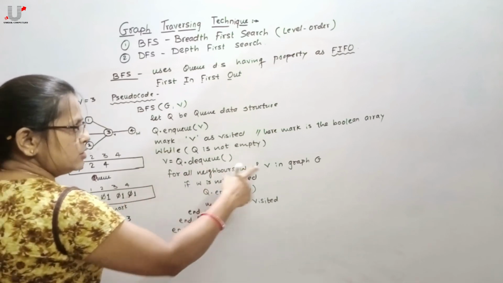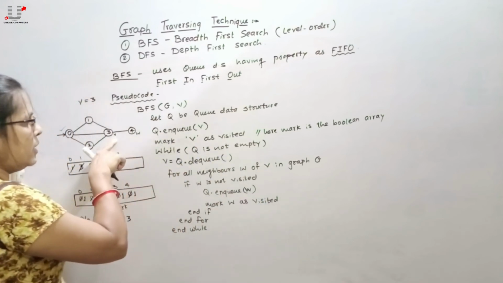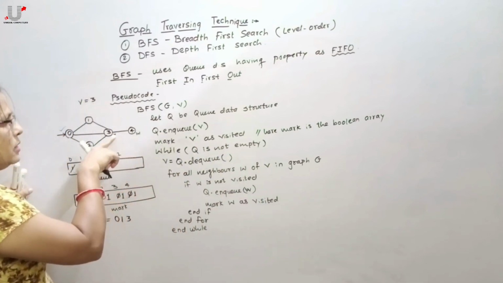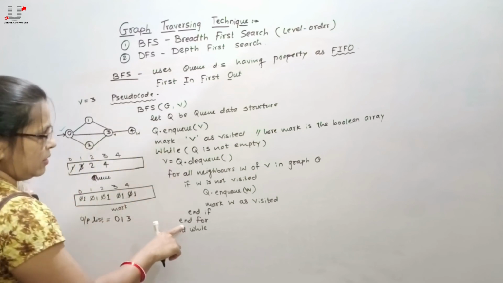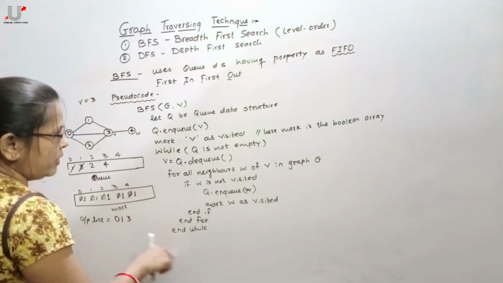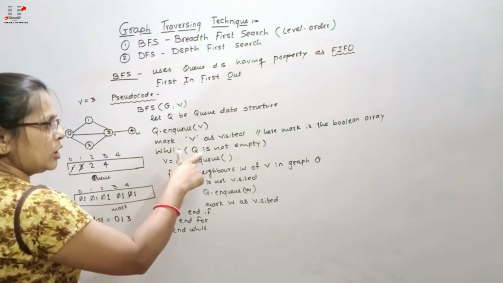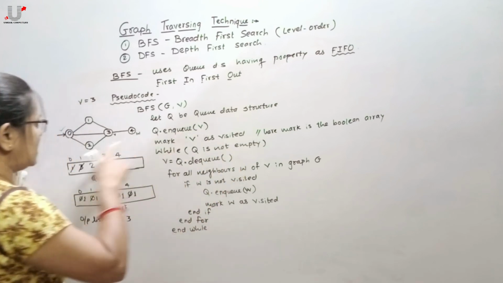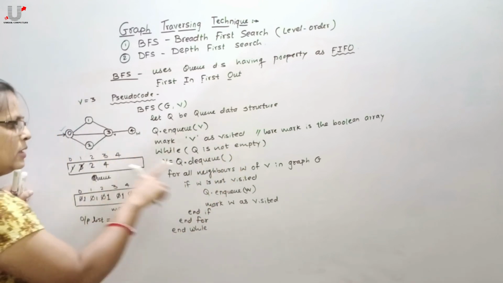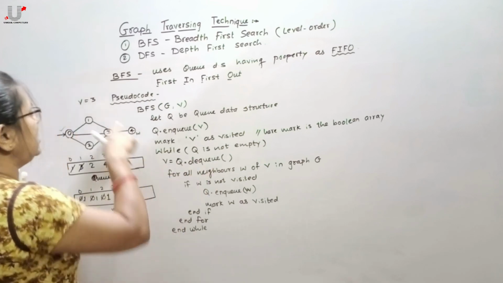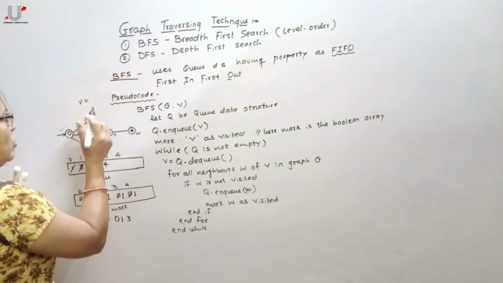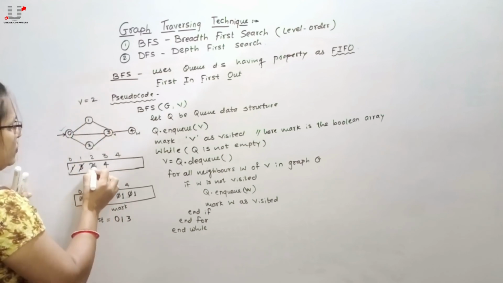Then again check whether any unvisited neighbor is left for this 3. No. Then terminate the for loop and check while q is not empty. Still the q is not empty. Then again remove the first element from q and assign it to v. So v is now 2.